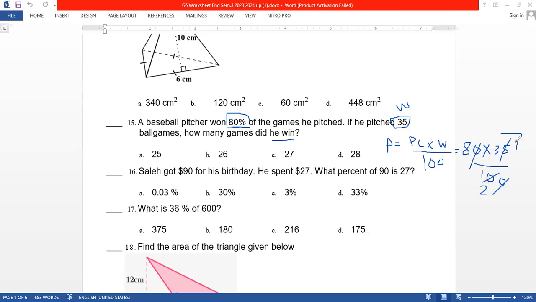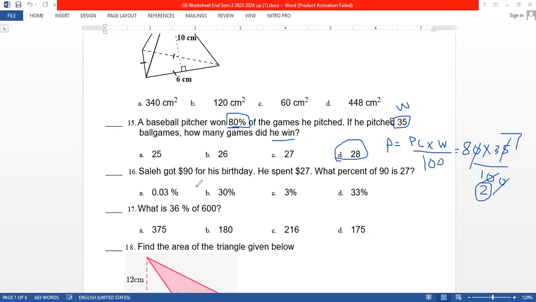Now 8 multiply 7 equals 56. 56 divide 2 equals 28. So the answer is 28. Does it make sense? Yes, 80% of 35 represents 28.